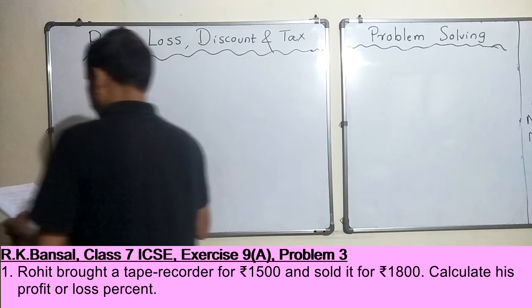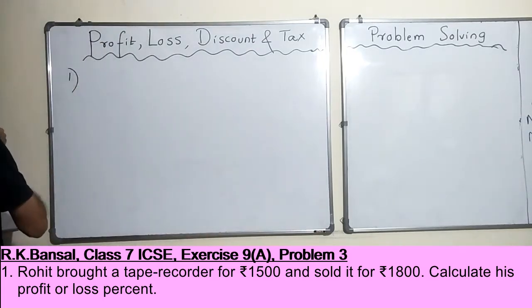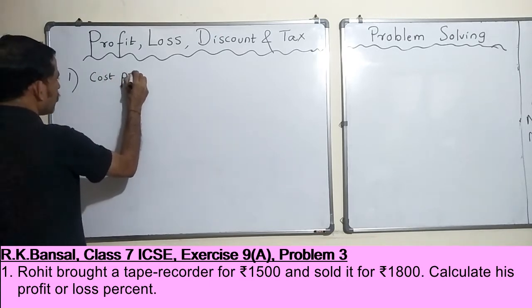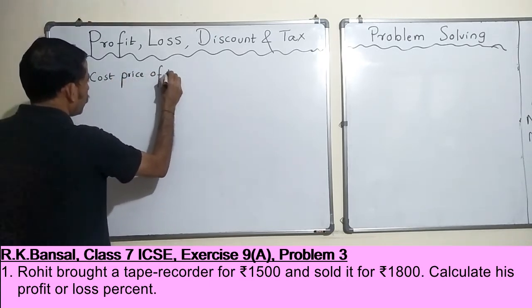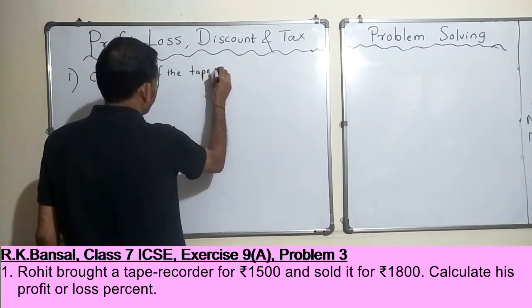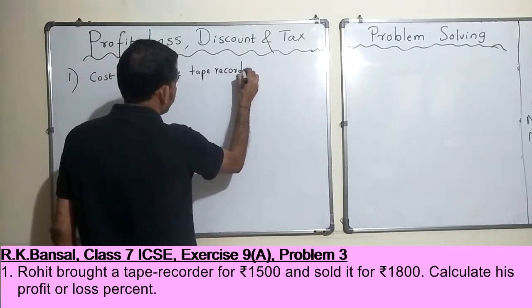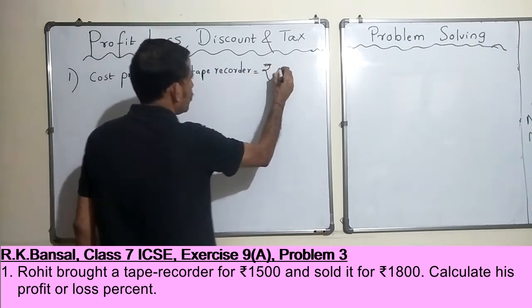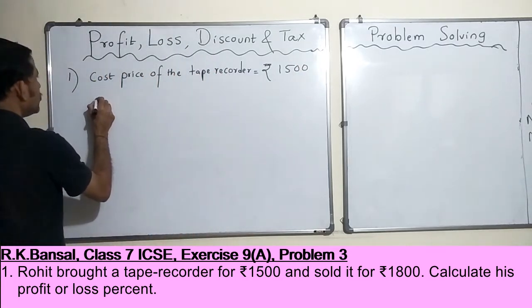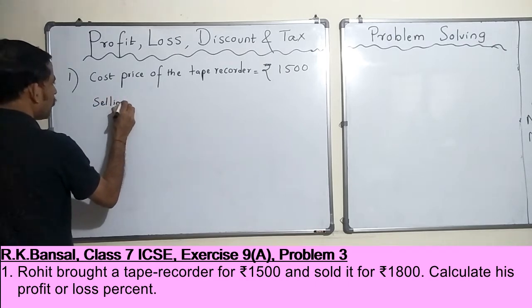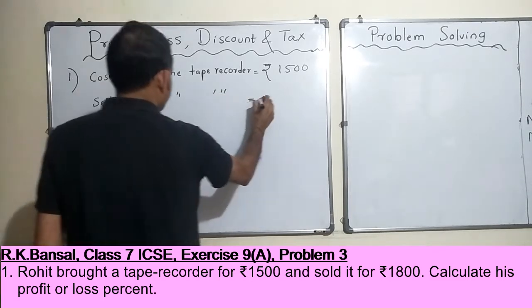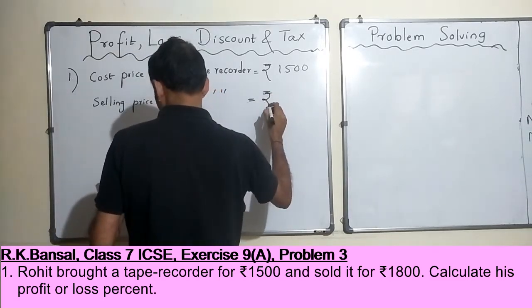Now this is pretty straightforward. Cost price of the tape recorder is equal to rupees 1500. Selling price of the tape recorder is rupees 1800, isn't it?